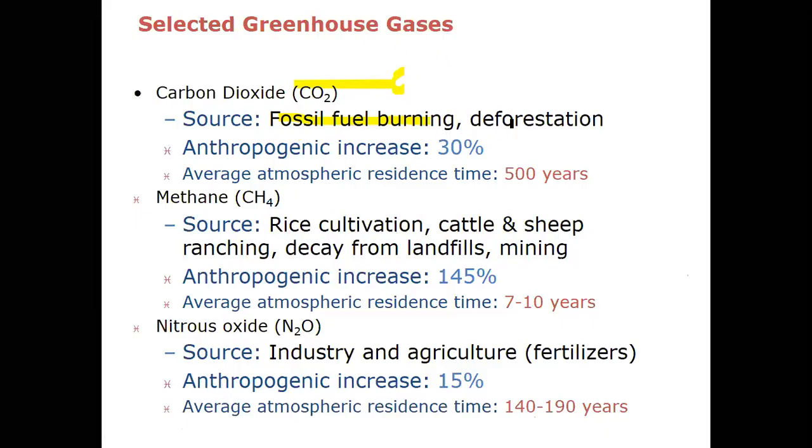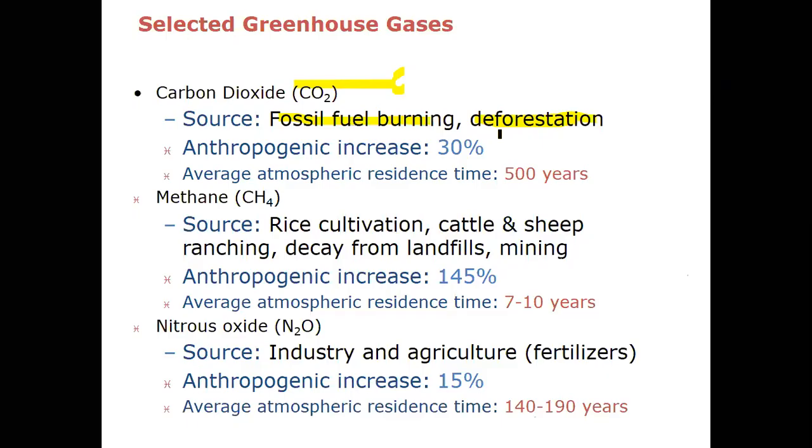Then deforestation. Deforestation means removing forest. The forests are destroyed. All of you are familiar with the photosynthesis process. What happens in photosynthesis? The CO2 plus H2O produce glucose and oxygen in the presence of sunlight by the chlorophyll.